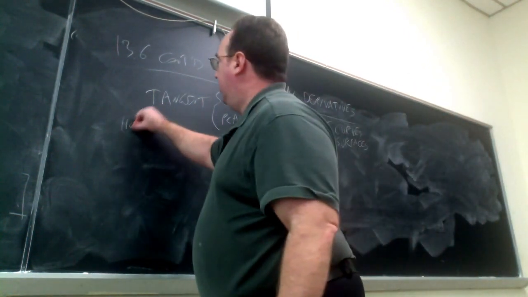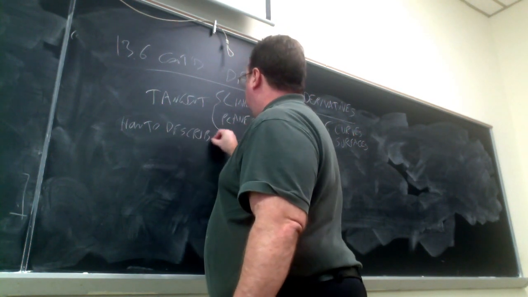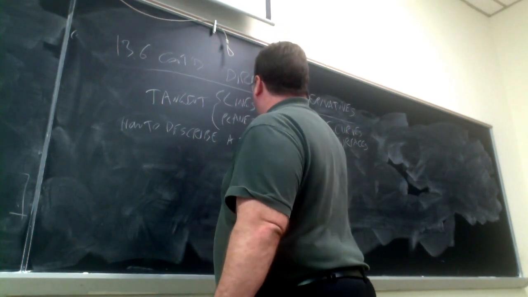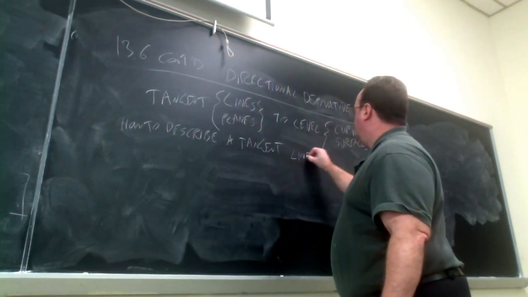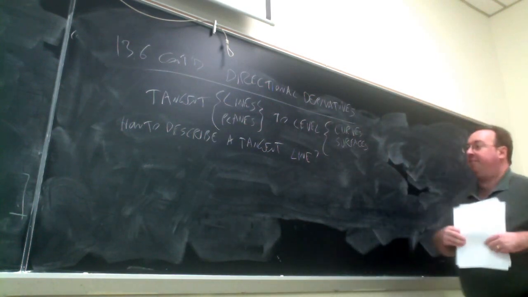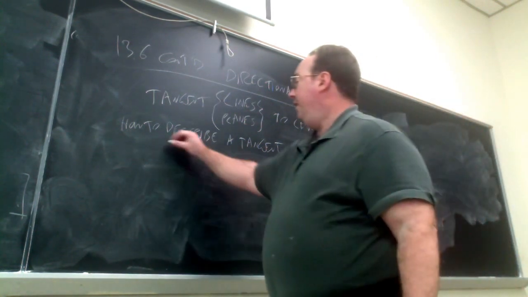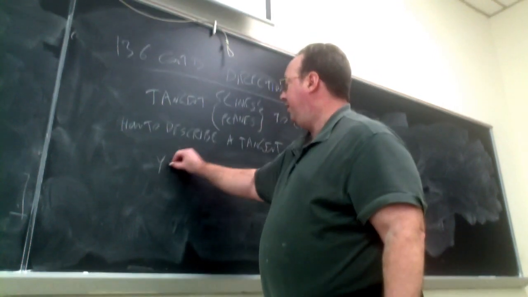So given a function, how can we describe a tangent line? Now, the equation is always going to look like this.